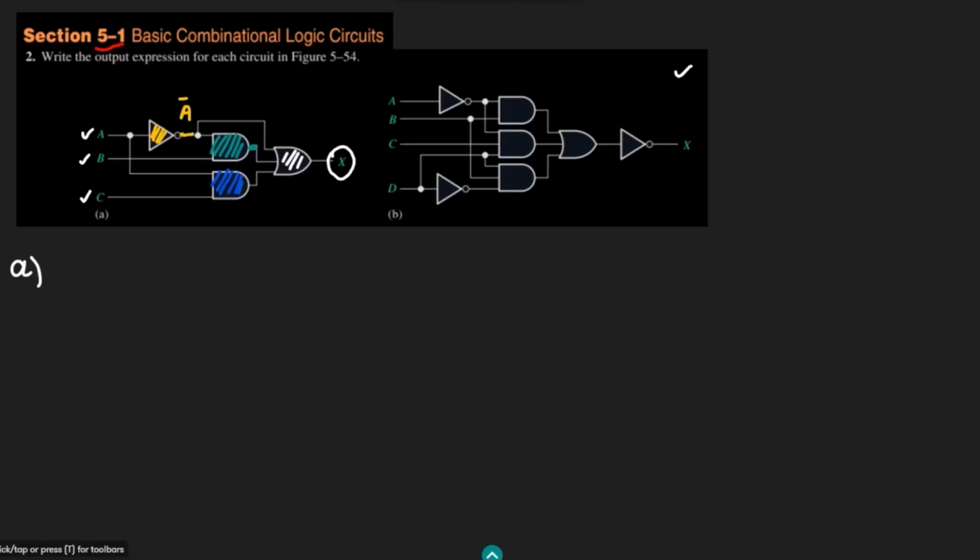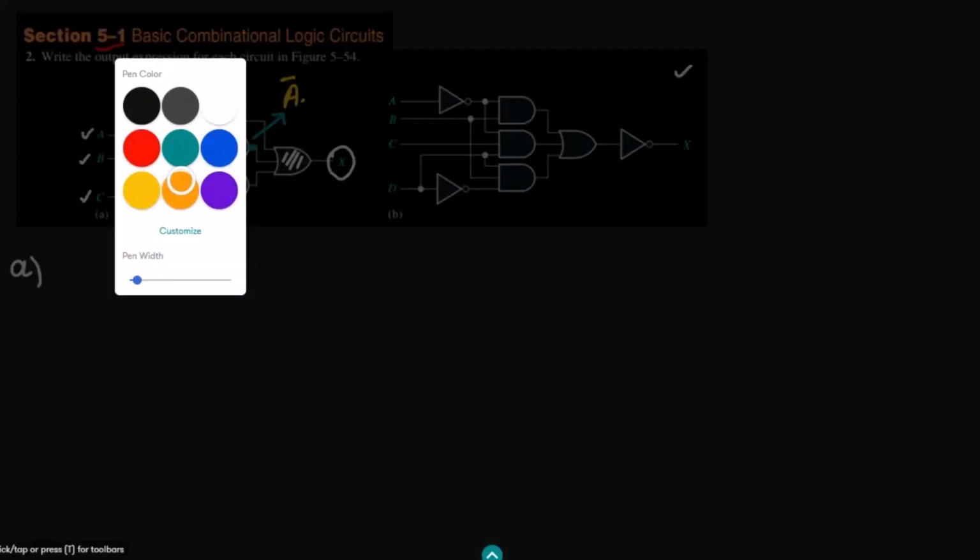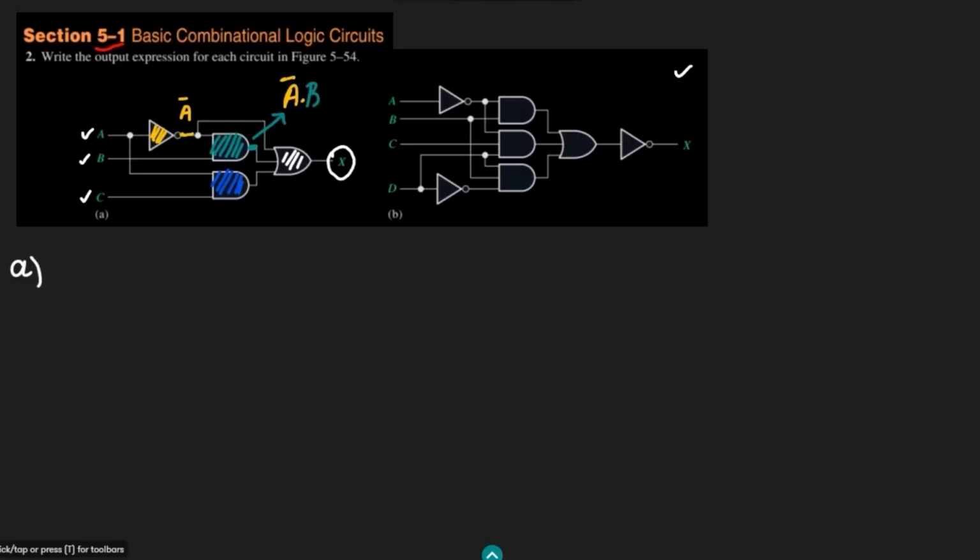Here we are getting this A complement with this B. So using this A complement and this B which is given to it, this is the output of this gate.